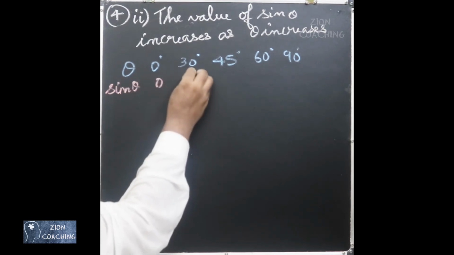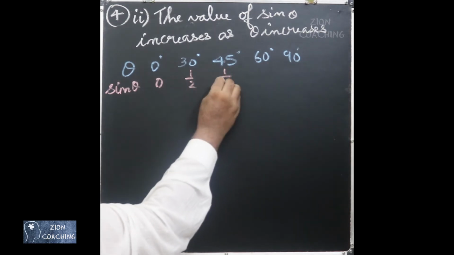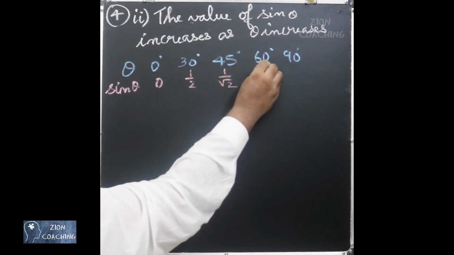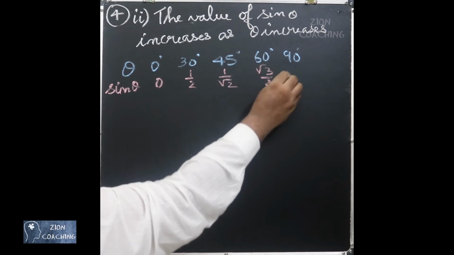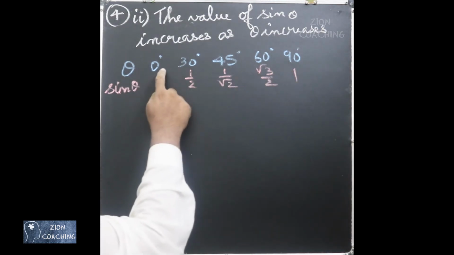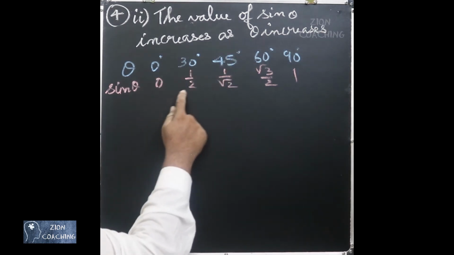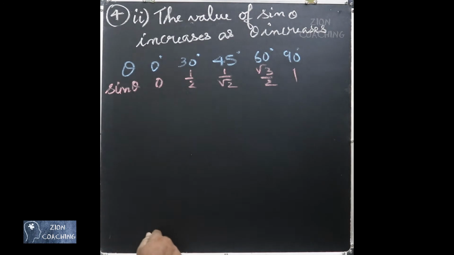This is 0, 1 by 2, then 1 by root 2, then root 3 by 2, and this is 1. You can see that when the theta value is increasing, the value of sin theta is also increasing.